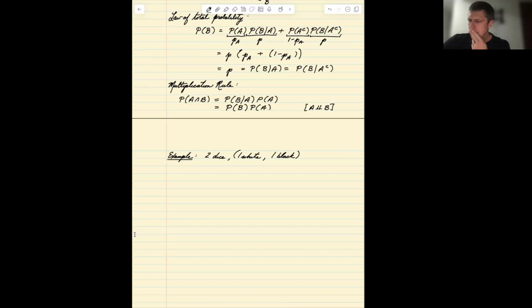W is the value of the white die, B is the value of the black die.